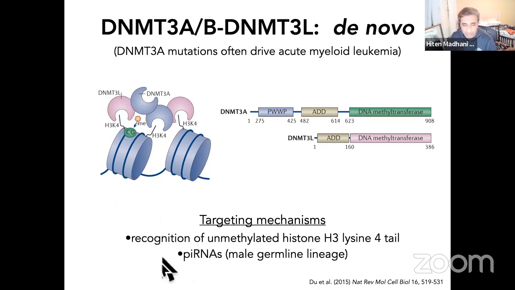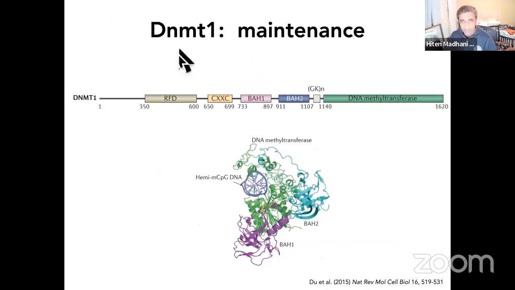Small RNAs called piRNAs are also involved in establishing DNA methylation in the male germline of mammals through a process that at the mechanistic level is not well understood. The maintenance enzyme in mammals is called DNMT1.